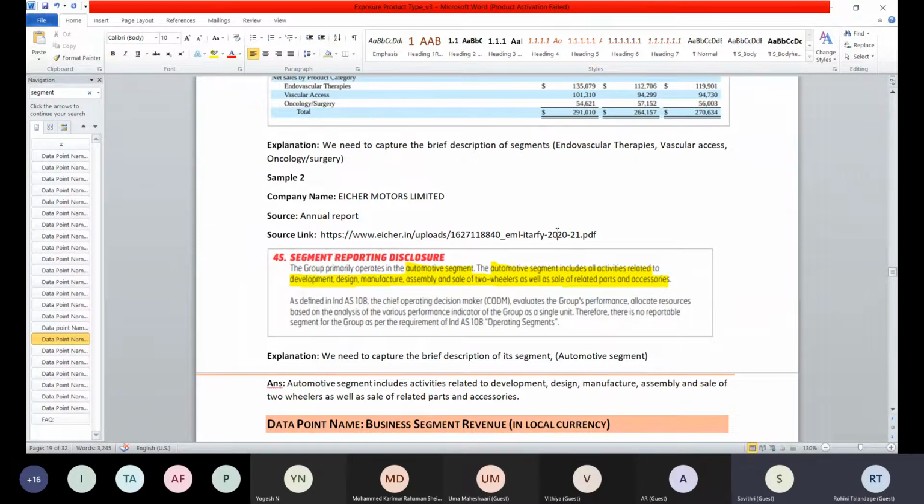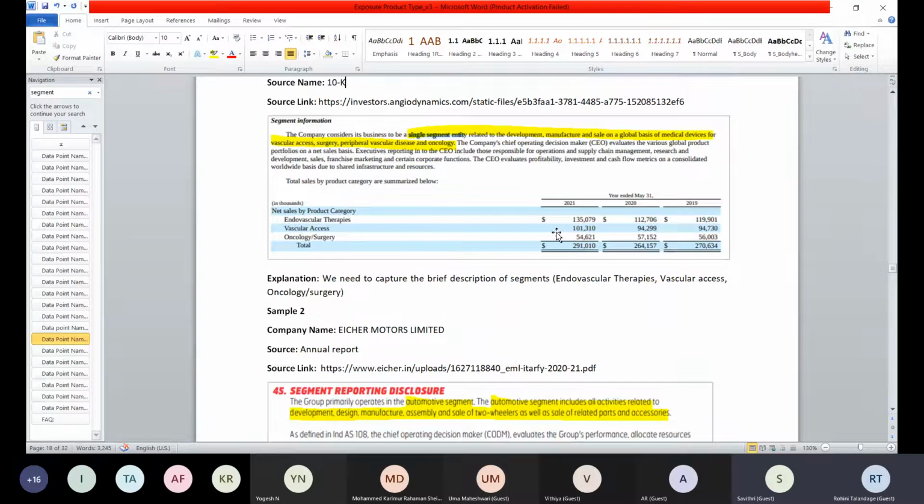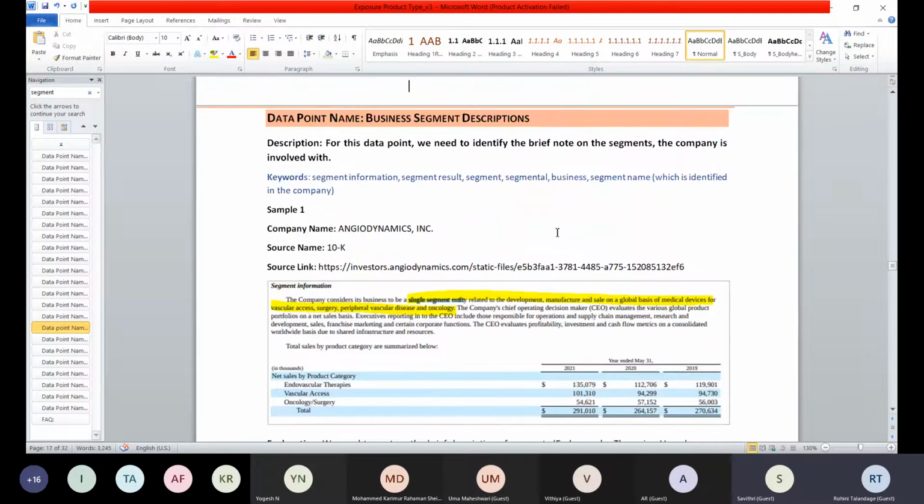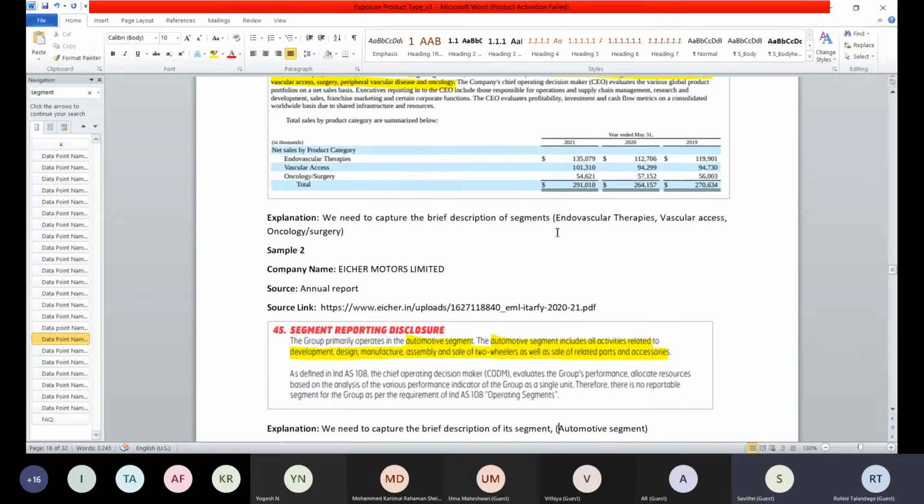So for this data point, you have to check the explanation for that business segment, what that business segment includes, what activity it will include. That explanation we have to take for the business segment description.